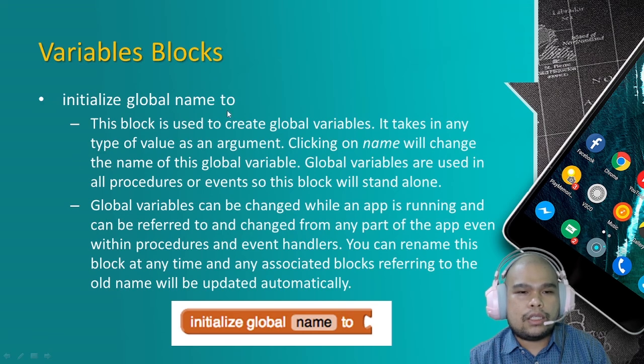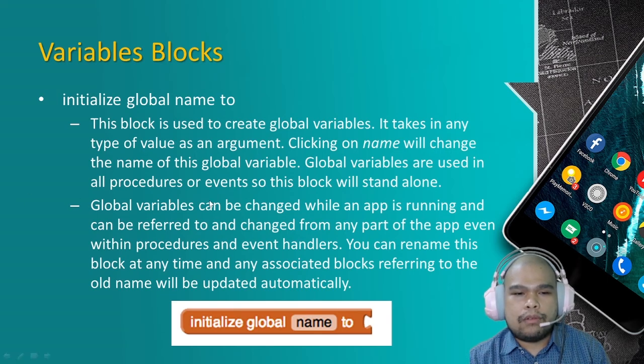Next, initialize global name. So this block is used to create a global variable. So it takes in any type of value as an argument. So clicking on name will change the name of this global variable. So the global variables are used in all procedures or events so that this block will stand alone.